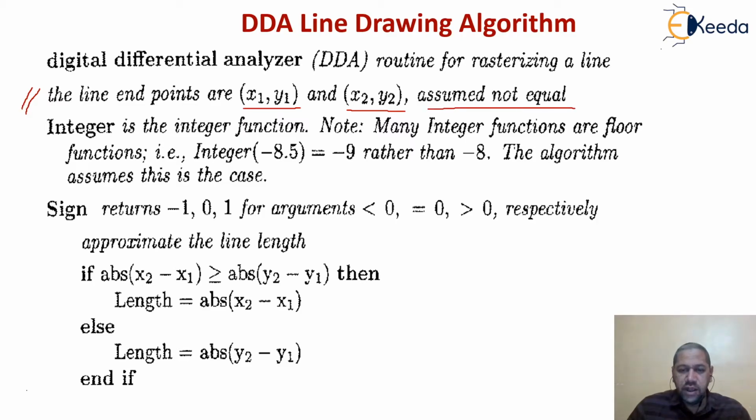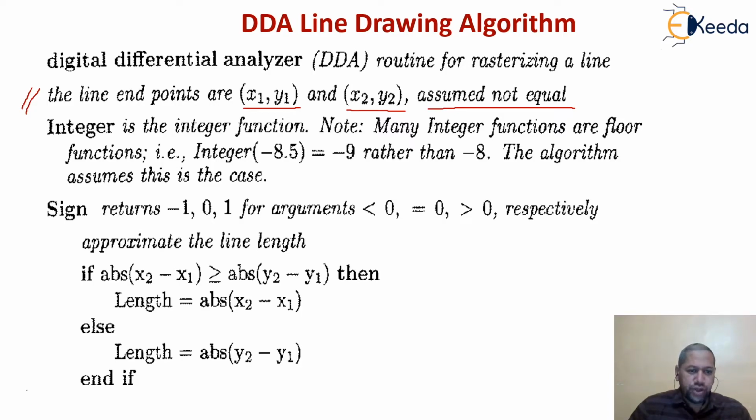It is very obvious that if the starting and ending points are the same, it will be only a single pixel, and I will not draw a line. That's why they have written assume not equal: x1, y1 and x2, y2 should not be the same.